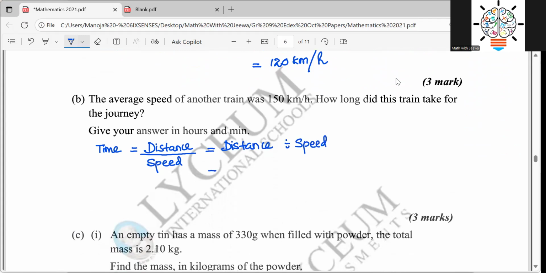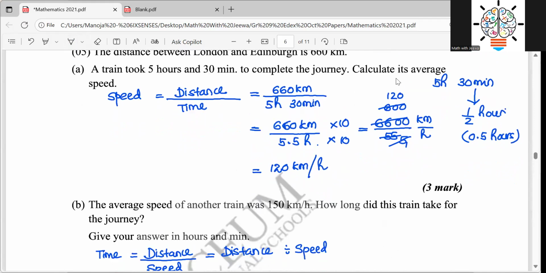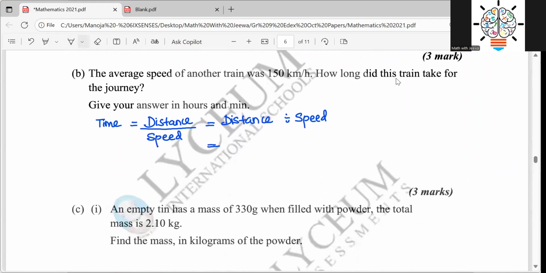So what's the distance? The same distance they are talking about, 660 kilometers, divided by 150 kilometers per hour.